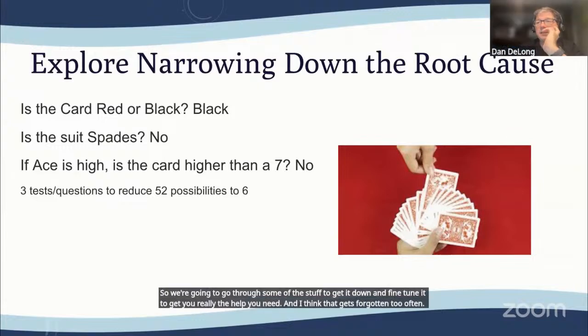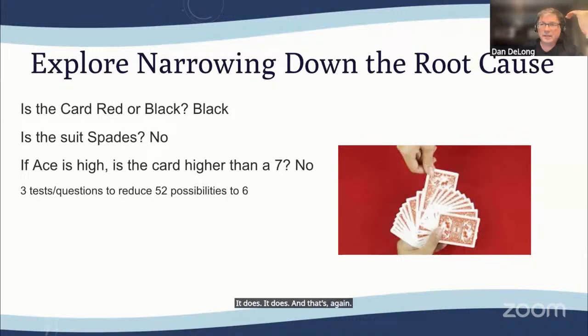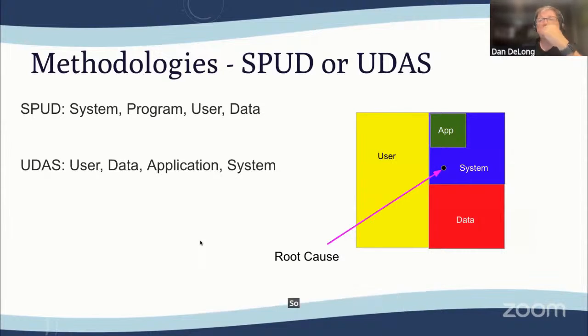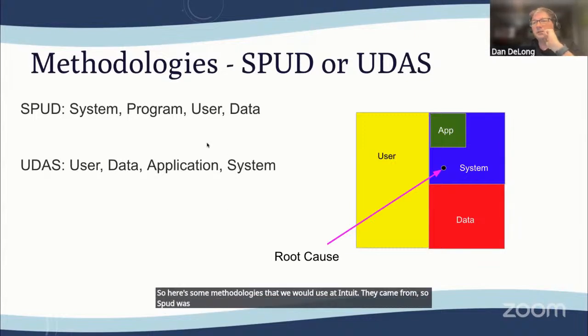It does, and that's backing up part of that ideal workflow where you've got the define. It's a shared expectation, and that part of the conversation is definitely important. So here are some methodologies that we would use to add into it. SPUD was a Quicken terminology, so dating ourselves there, or UDOS is what I was trained on.